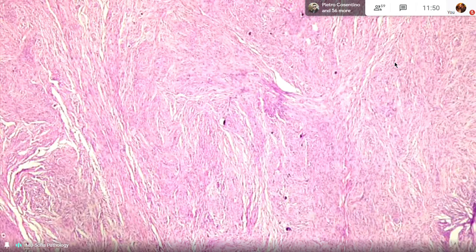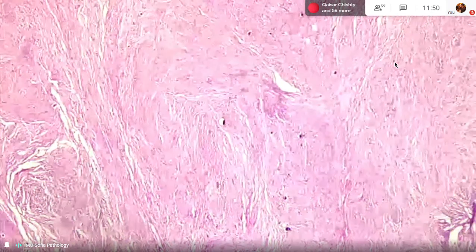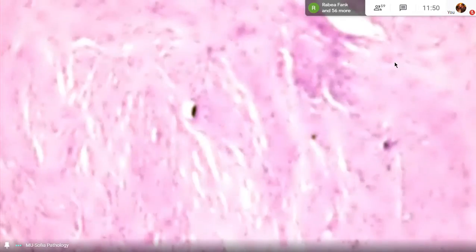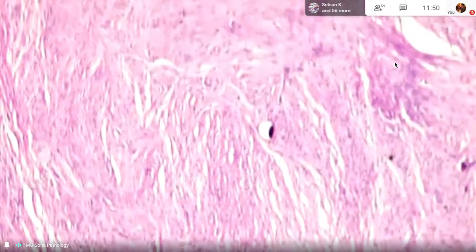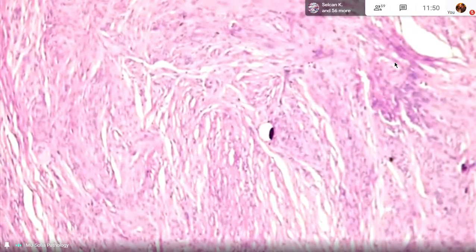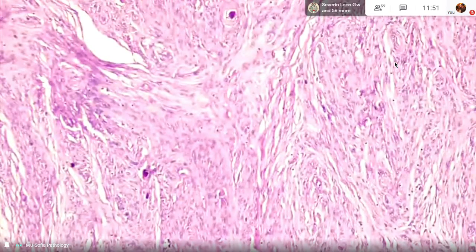What can help you in this fibromatous type of meningioma? Do you see these violet spots somewhere? Here they are. One in the center. Do you see? I'll focus on another. One at 12 o'clock.